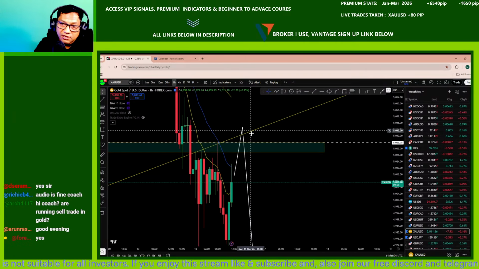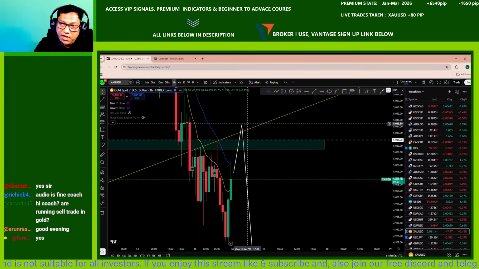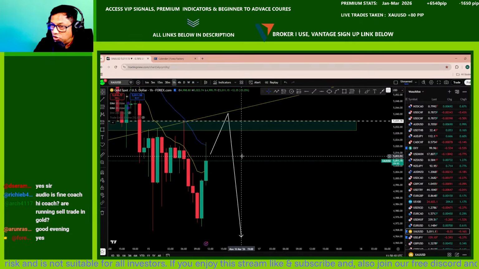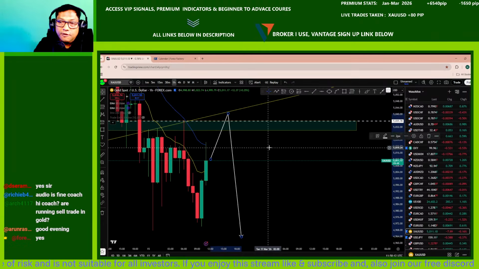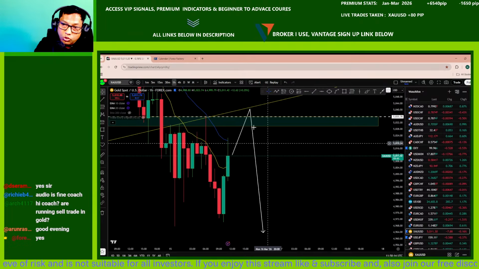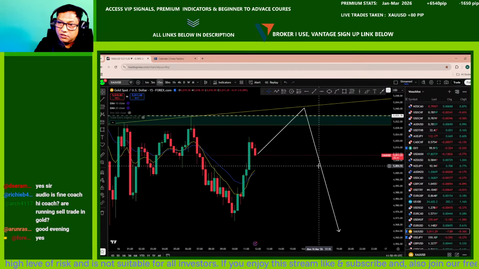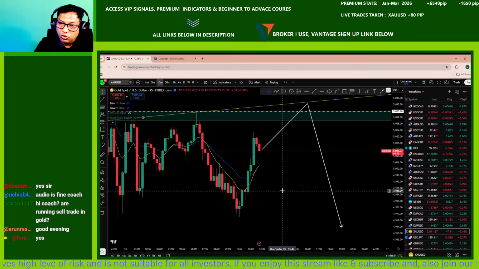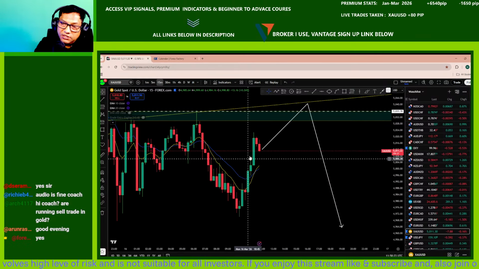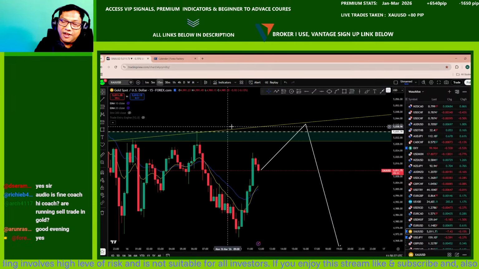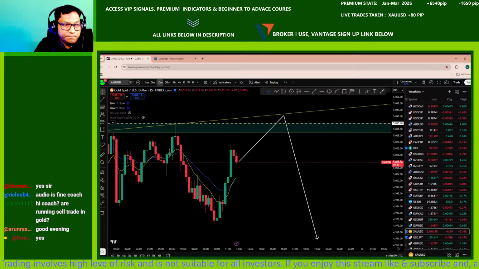I think the best entry will be if the market goes ahead and crosses this high, which it could or could not do. If it doesn't, then we will see the lower time frame confirmation here for a further move in that zone. Because the market has made its initial move, the chance for the price to go ahead and cross this high is very high.